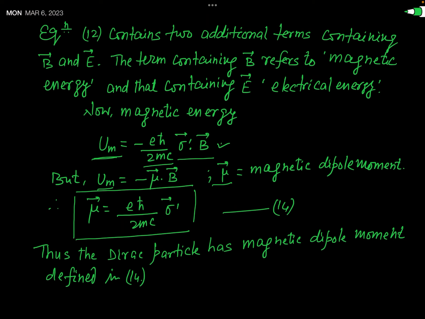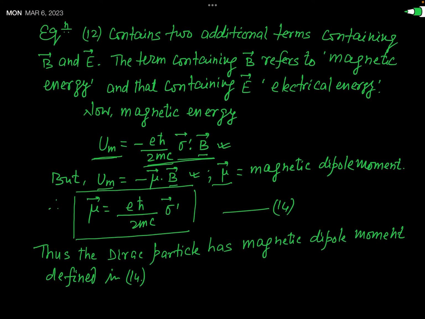So when you compare these two equations, the classical expression for the magnetic energy of a dipole placed in an external magnetic field B is minus mu dot B, and we have obtained here that the magnetic energy of the Dirac particle in an electromagnetic field is minus eh bar over 2mc sigma dot B. In place of B, you can see there is B here too.